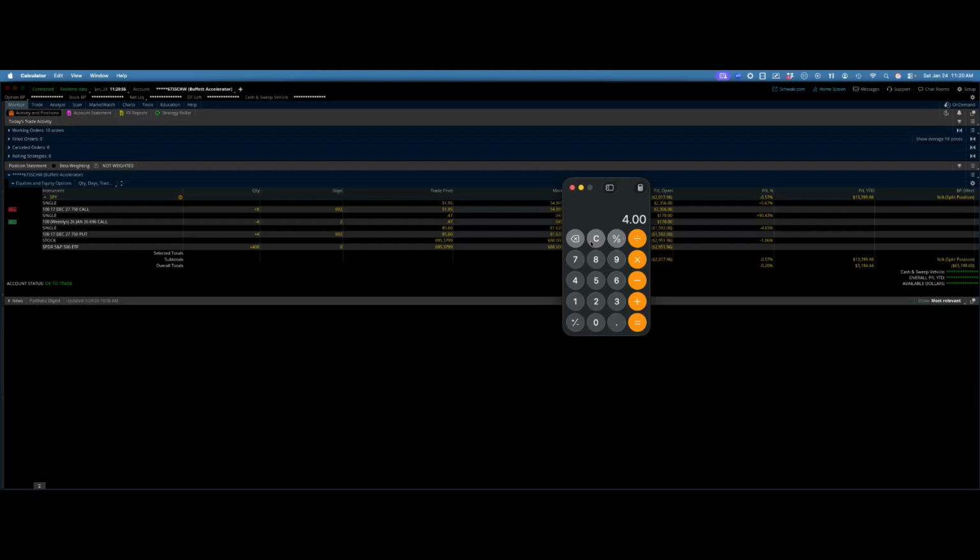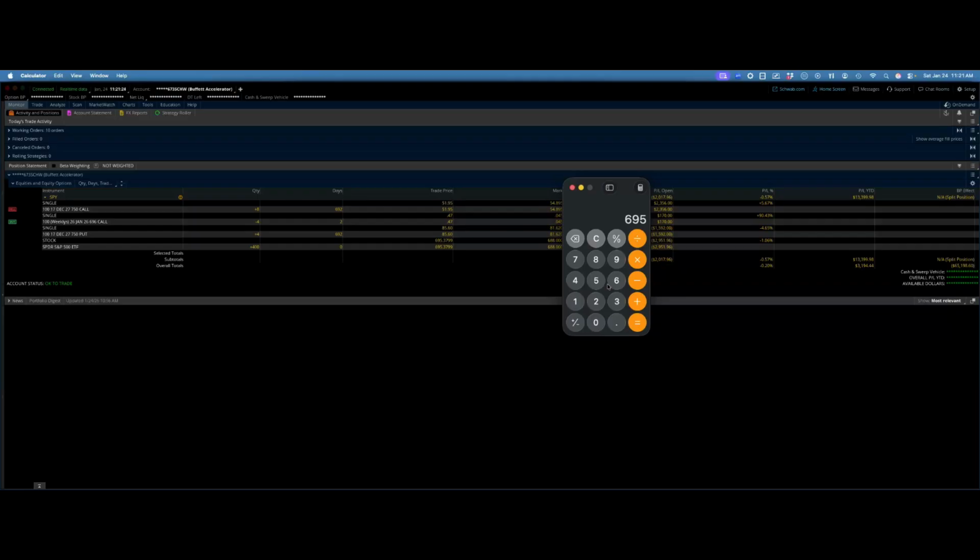So here's how it works. If I pay $695 for my shares, and I generate a premium of $4 for a covered call, that $4 really translates to 40 cents to take off my purchase price. And that would be my cost basis. So I paid 695.